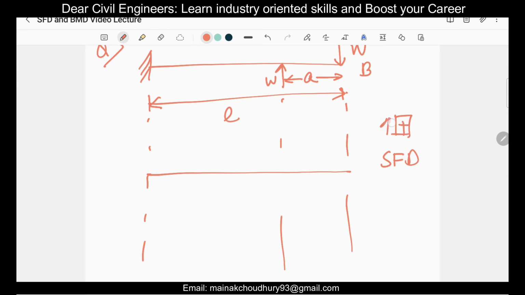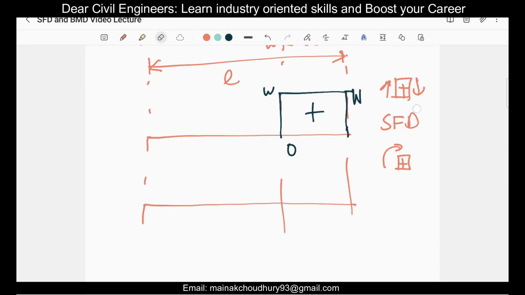Draw the sign convention for your preference. The downward force is positive, so it is positive W, and then there is another upward force here, so it is W minus W. At this point it is 0, and there is no force here. So this is the shear force diagram.